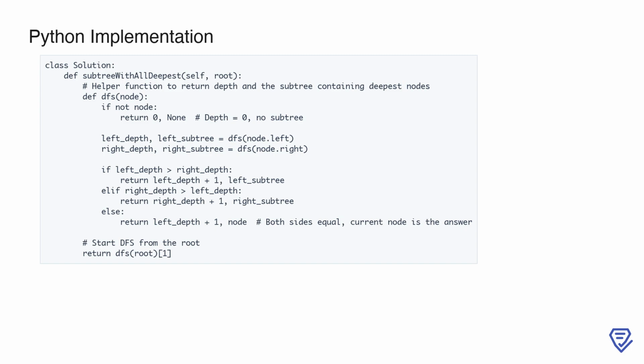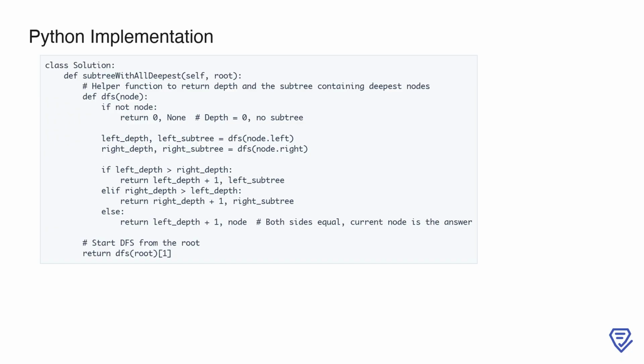For non-null nodes, the function recursively computes the depth and subtree for the left and right children. It then compares the depths of the left and right subtrees. If the left subtree is deeper, the result propagates from the left subtree. If the right subtree is deeper, the result propagates from the right subtree.